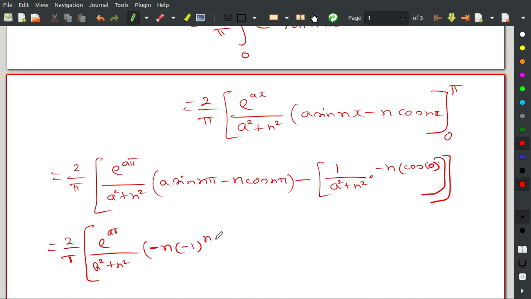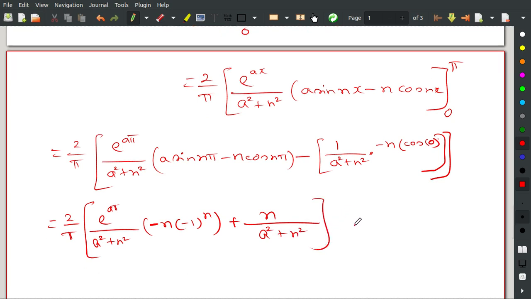And here we have minus cos 0 is 1, so minus of minus gives plus n divided by a square plus n square.